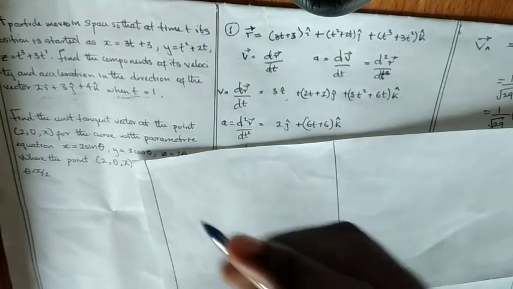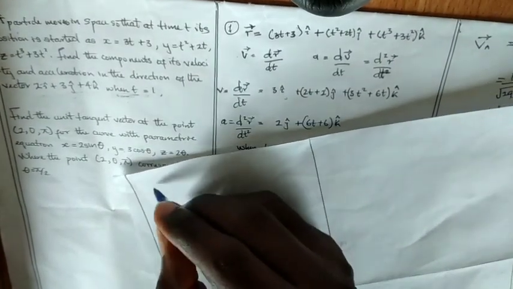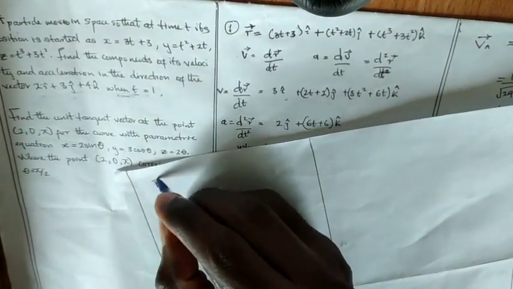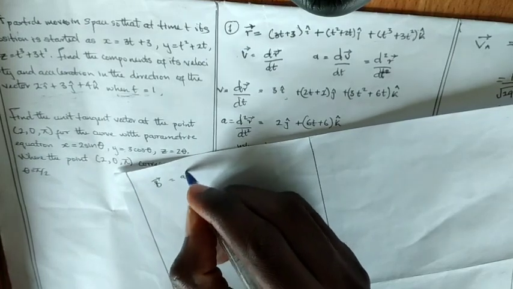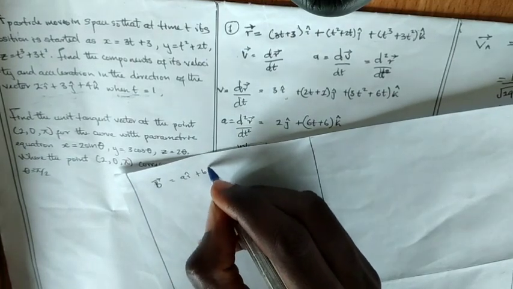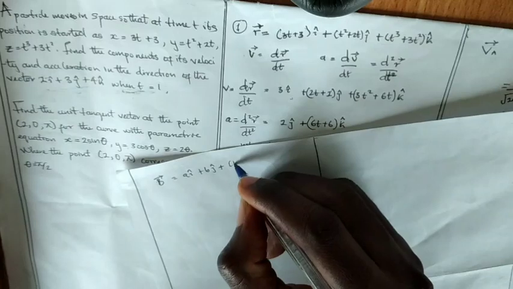And what is the unit tangent vector? Given a vector, let's call the vector b as ai plus bj plus ck.